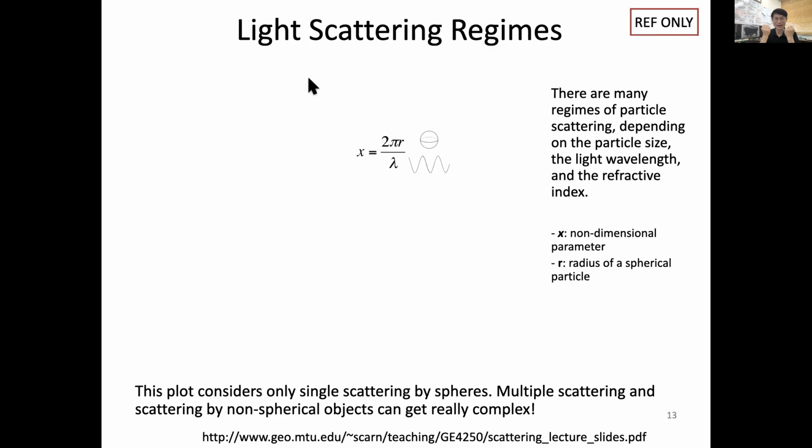So here I depicted scatterers such as air molecules or dust or sleet. The size we can define as 2 pi r or r, this radius. When they interact with the wave, which is depicted by the wavelength, we can define the relative size.